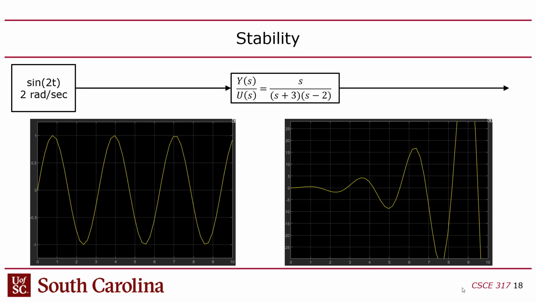But if I give it this frequency, which is sine 2t, and by the way, in Simulink you put the input signal in the time domain, and then the transfer functions you can specify in the s domain. Then you simulate it and you get a time domain output. So in this case, I'm going to put in a sinusoid at 2 radians per second, and then you can see what it does. It still blows up. It doesn't like that frequency, right?